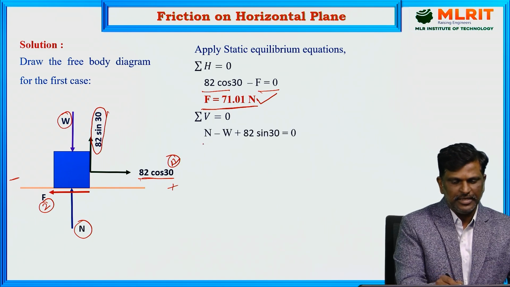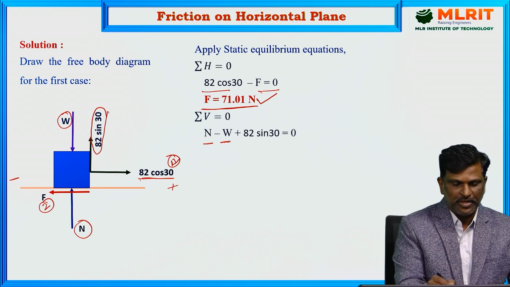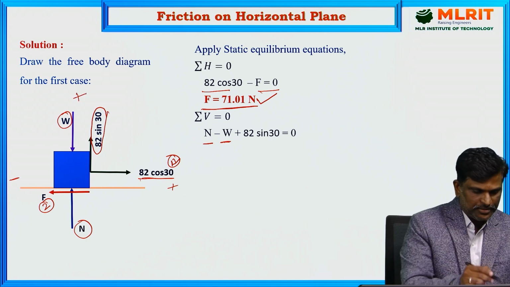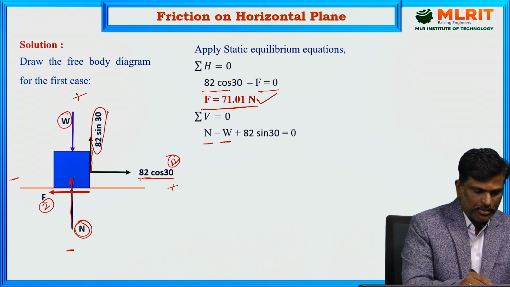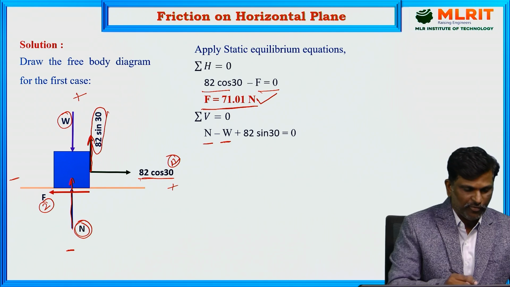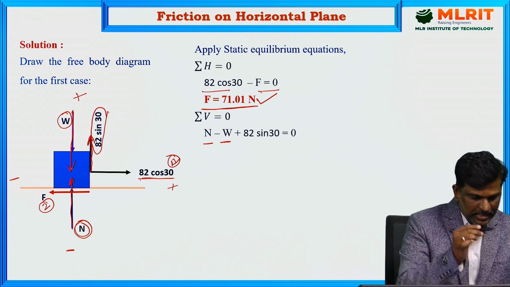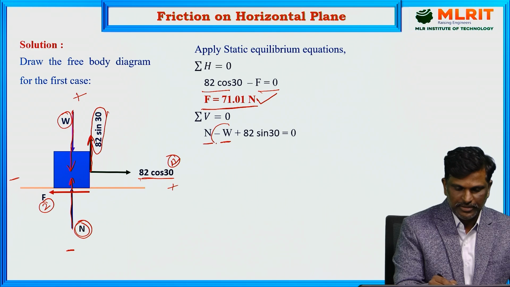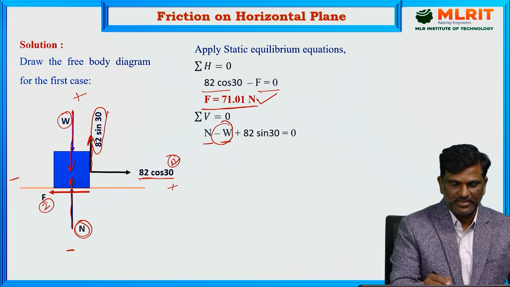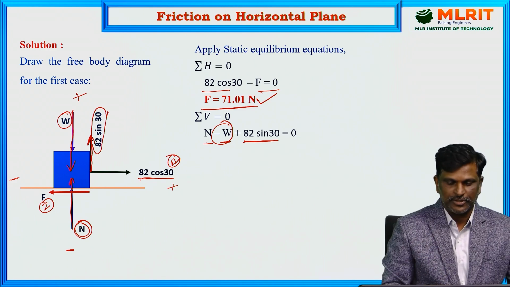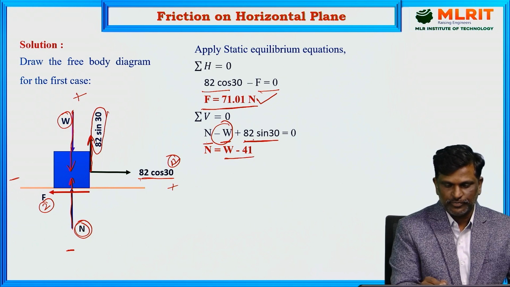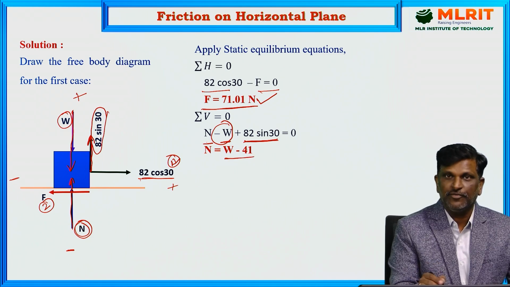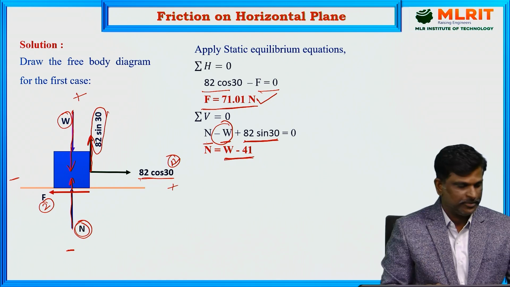Assuming upward forces plus and downward forces minus, only weight has the minus sign. The equation is N plus 82 sin 30 minus W equals 0. From this, N is equal to W minus 82 sin 30, which is 41, so W minus 41.